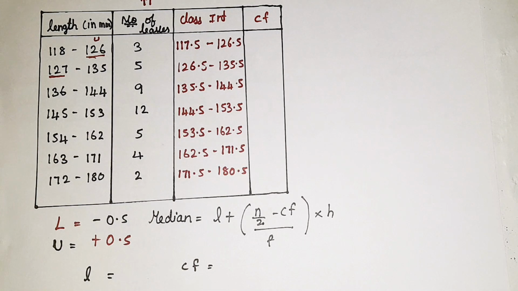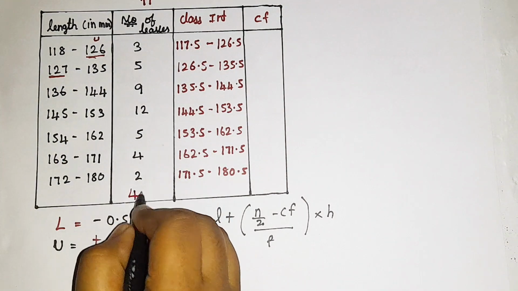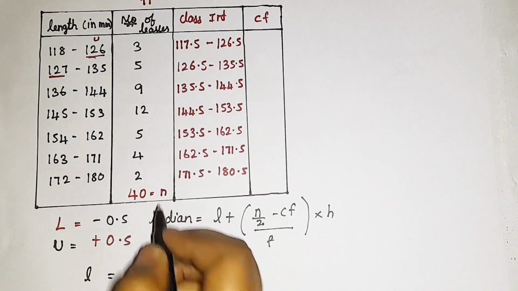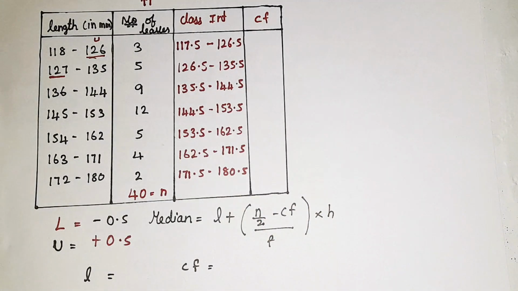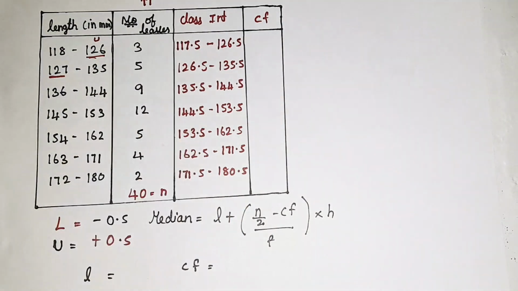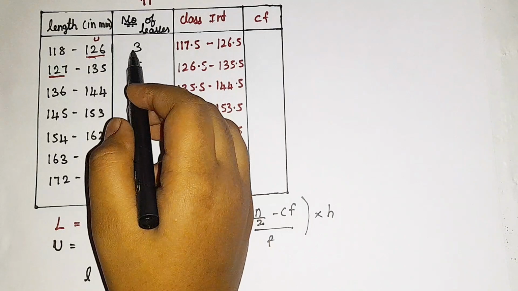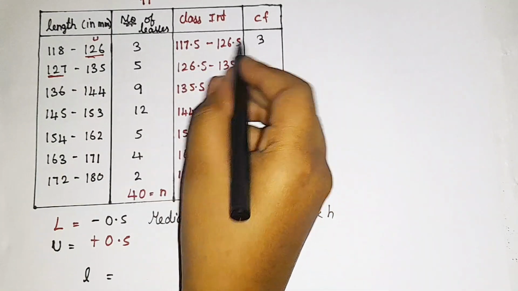Okay, all right. So here when you just add these numbers, we'll get 40. Of course, you guys know this is going to be our N value. So now let us find the cumulative frequency. It is literally easy. First write the frequency first value as it is. So here the first value for frequency is 3. Write it as it is. Now we are supposed to add the numbers.